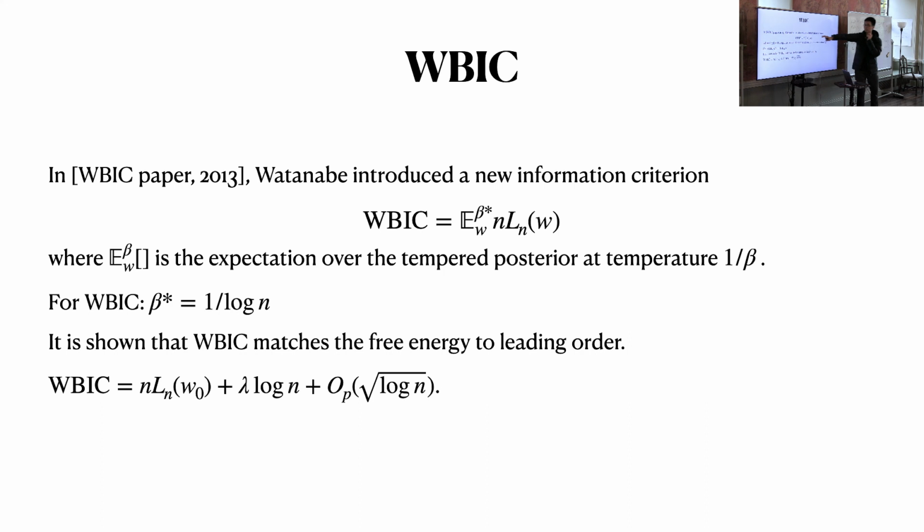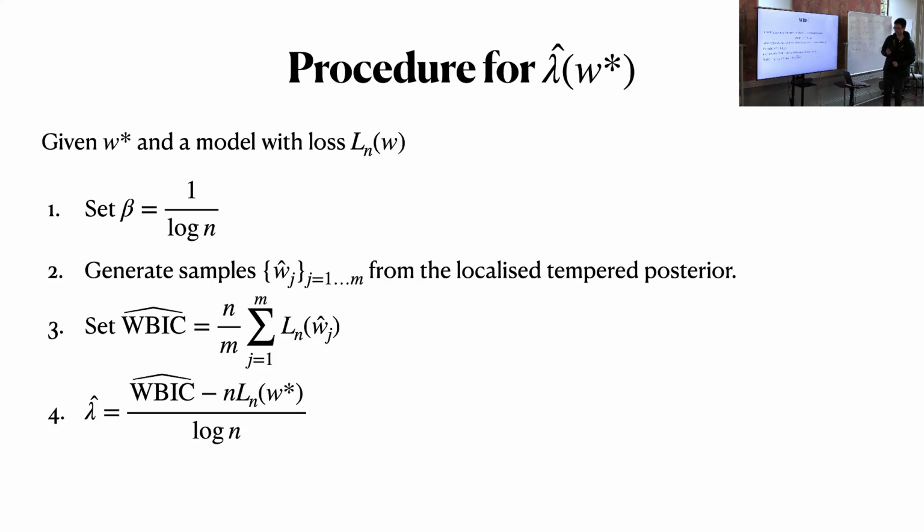So this is the definition of WBIC, and then it is proven that with this definition you get this asymptotic behavior. And the proof is roughly similar to the extension. It's more complicated. Okay. Yeah. So look forward to that.